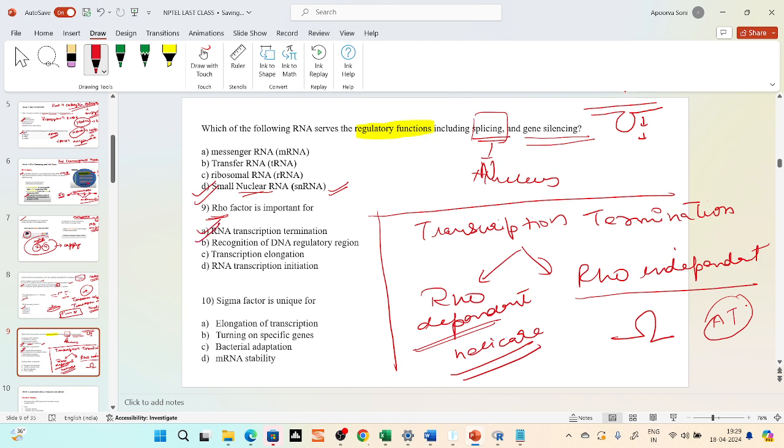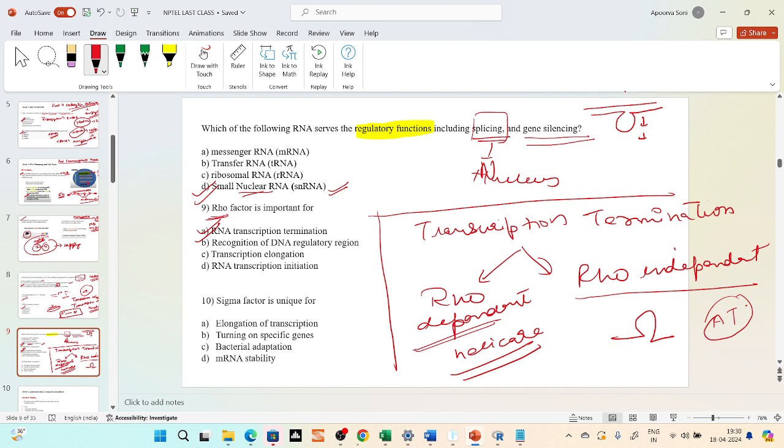Now next question. Sigma factor is unique for elongation of transcription, turning on specific genes, bacterial adaptation, or mRNA stability. What should be the answer? Is sigma factor important for elongation of transcription?